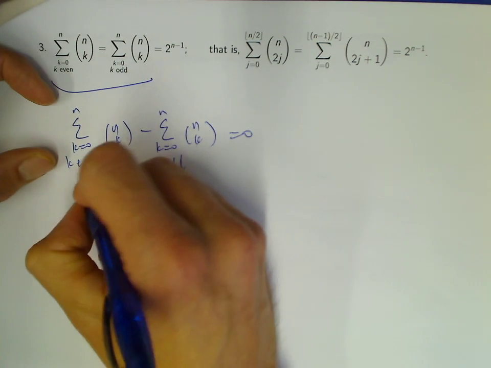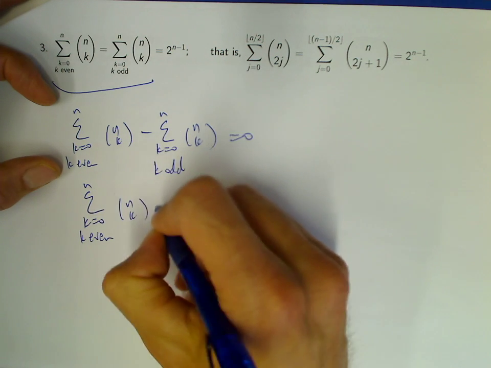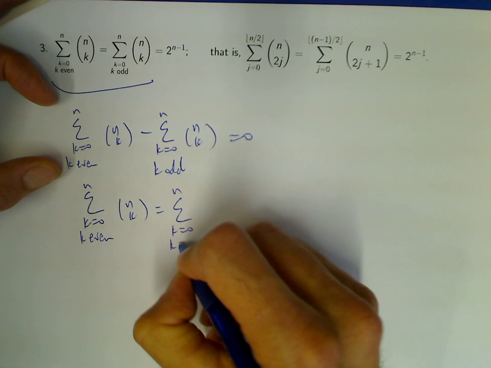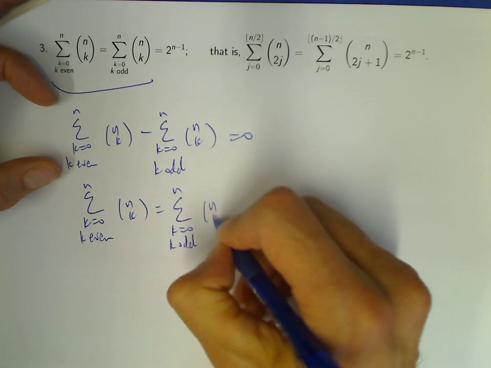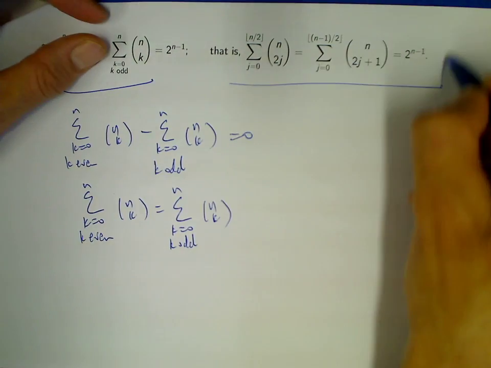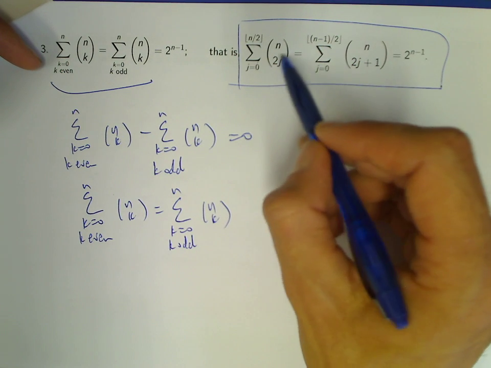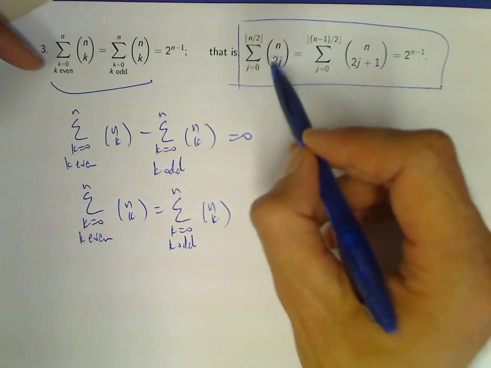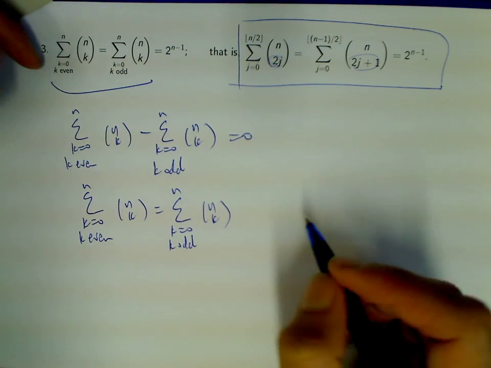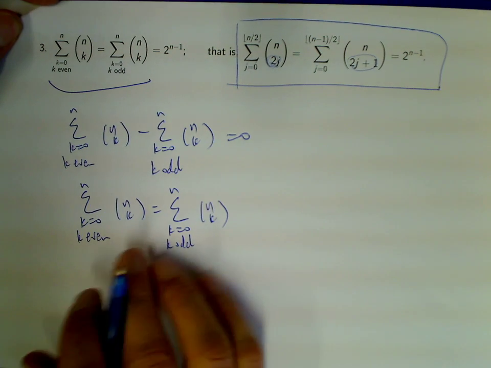The sum k equals 0 to n, k even, of n choose k is equal to the sum k equals 0 to n, k odd, of n choose k. This is actually just that same thing, written so that we explicitly get the even ones here and the odd ones here. Okay, so there's just as many subsets of even size as there are of odd size. That's what this is telling us.